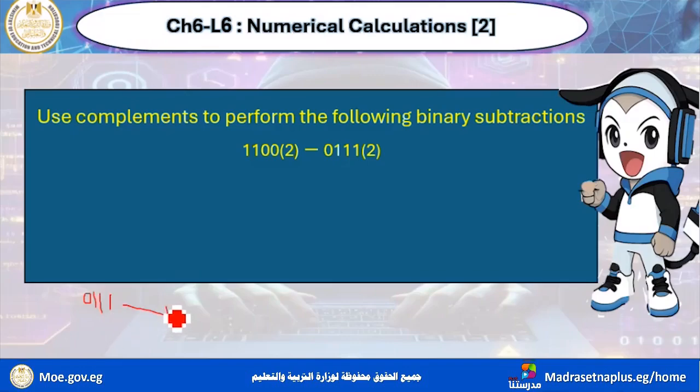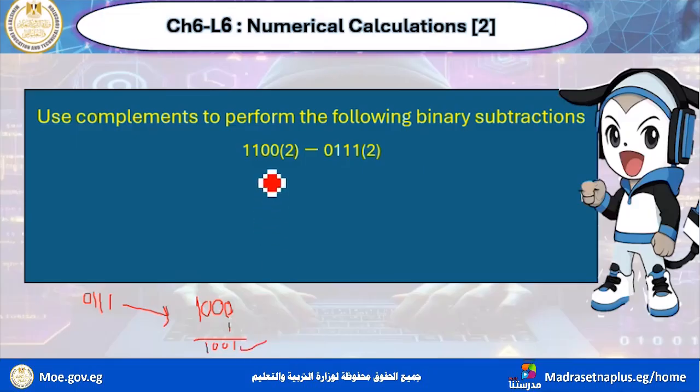Let's convert: 0, 0, 0, 1. Now add 1. The result will be 1, 0, 0, 1. Now this is the complement.